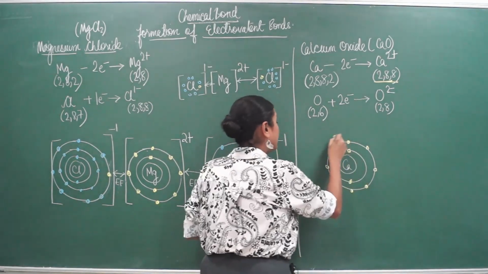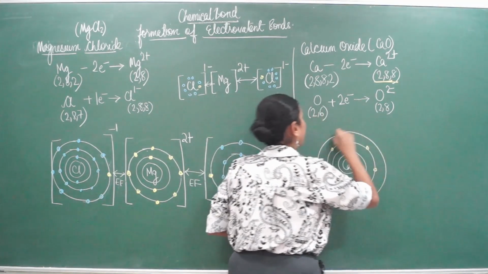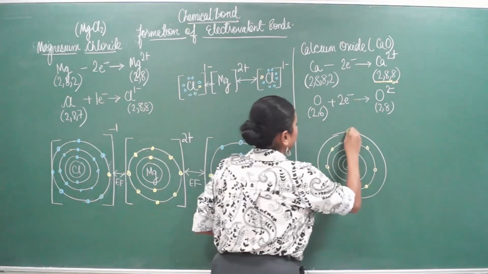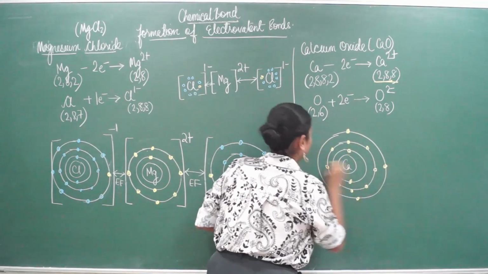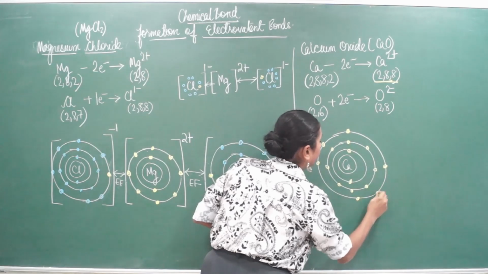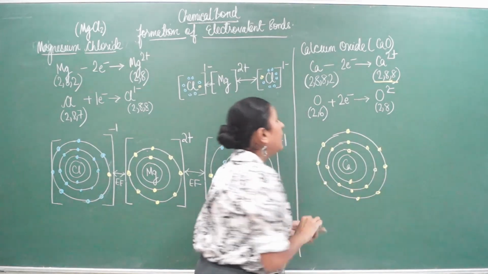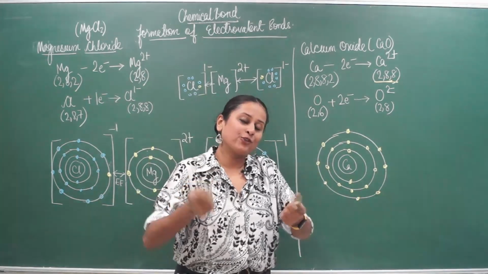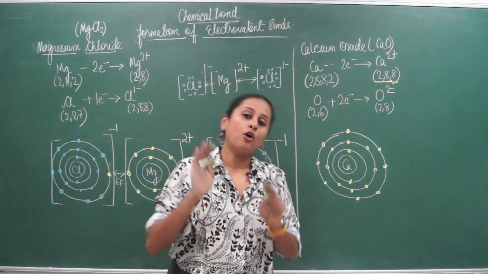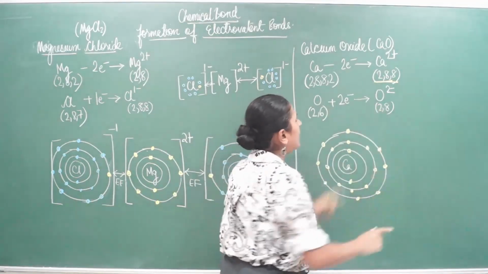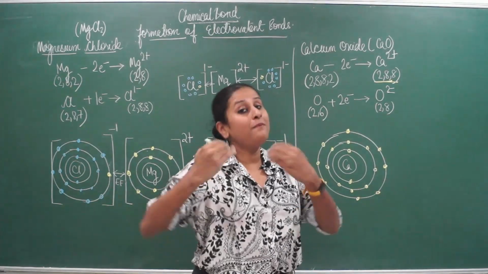Third shell has again 8 electrons, correct? The last shell had 2 electrons, both of which were donated to oxygen. So now oxygen has 2 electrons received from calcium.